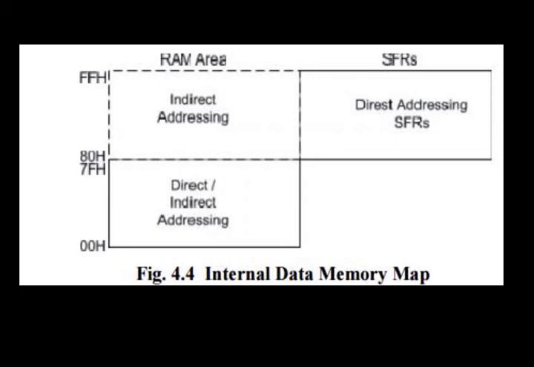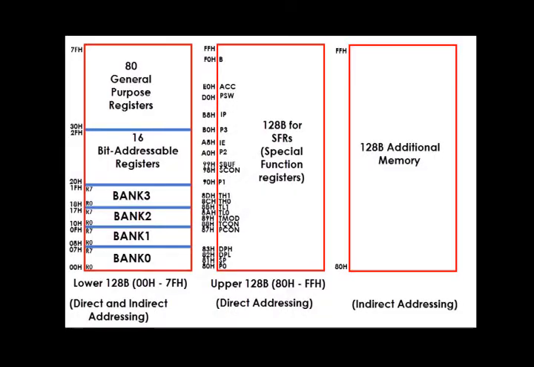So that is how this diagram details the RAM area and ROM area. This is ROM memory space, this is RAM, and this is SFR. The major memory organizations have been given here. You have 80 general purpose registers, 16 bit addressable registers, and 4 banks.